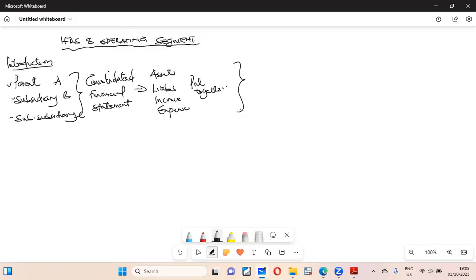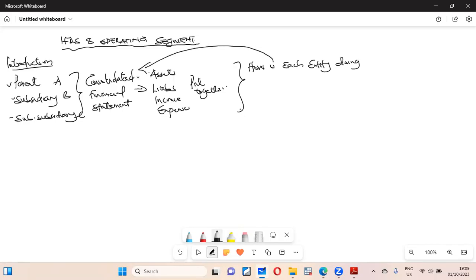What we see is the combined one, the group, the consolidated one. So the question now is, how is each entity performing? How do you see the performance of each entity? How are they doing inside this consolidated financial statement?